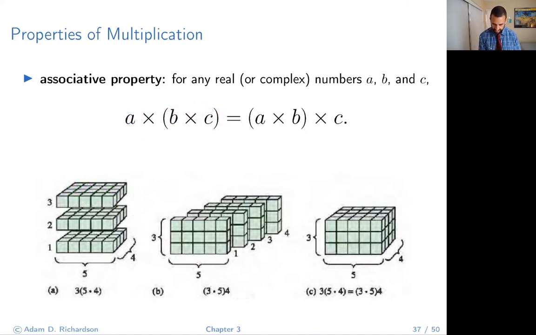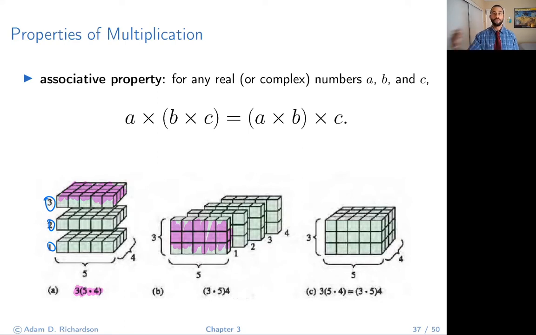Let me just emphasize this a little bit here. So notice down here, this is 3 times 5 times 4. And each one of these little slabs is representing the quantity 5 times 4, which is 20, right? And the 3 is basically being counted right here, 1, 2, 3. Now, equivalently, although slightly different, right here, this is 3 times 5, okay?